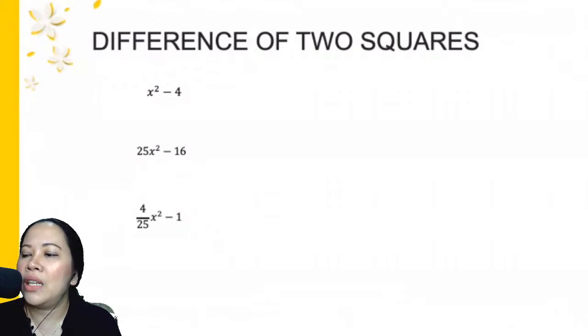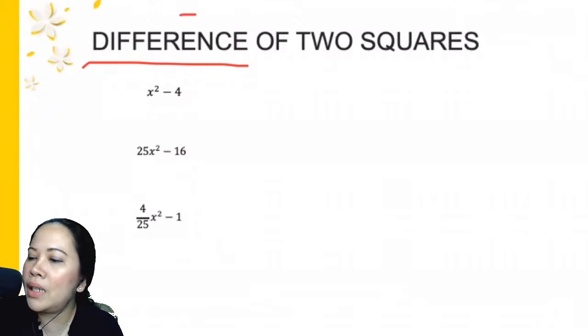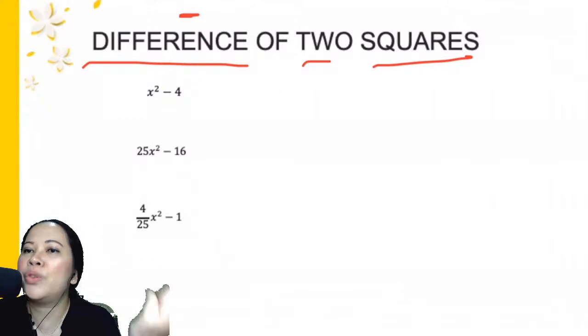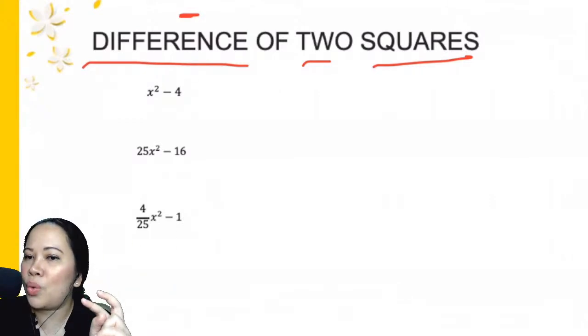The third factoring is what we call difference of two squares. Let's first unlock the term. Difference means minus or subtraction. Two squares means both terms are perfect squares.